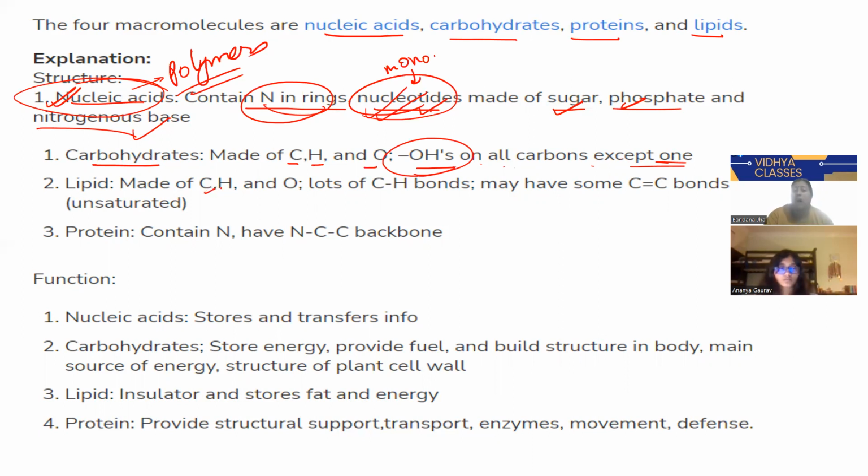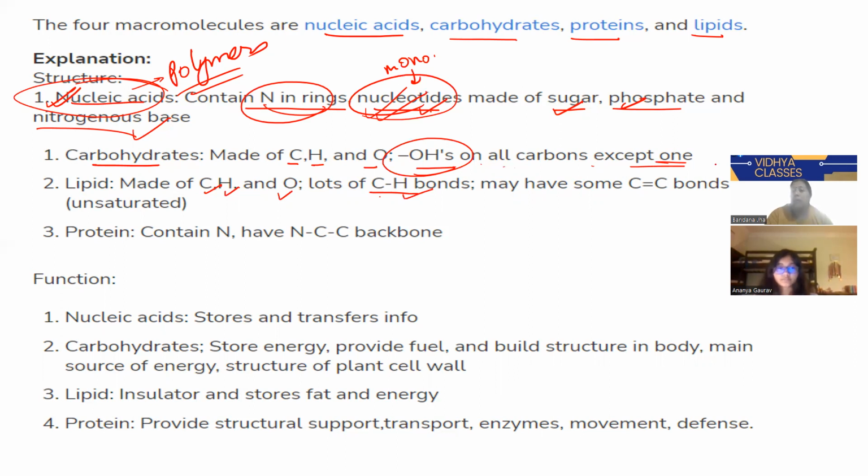Lipid is made up of carbon, hydrogen, oxygen, with lots of carbon-hydrogen bonds. Is the carbon-hydrogen bond adhesive or cohesive? It is adhesive, because it involves different molecules. That is the adhesive force, as we have already studied.